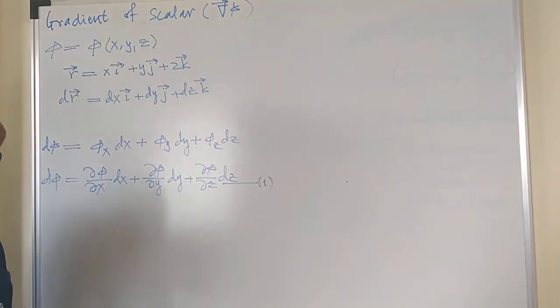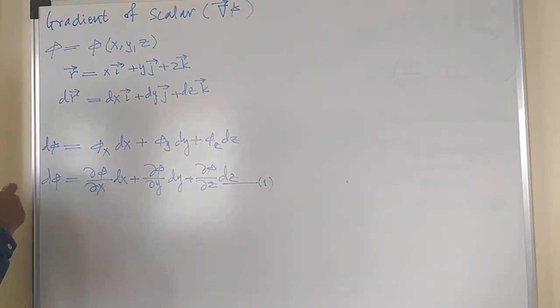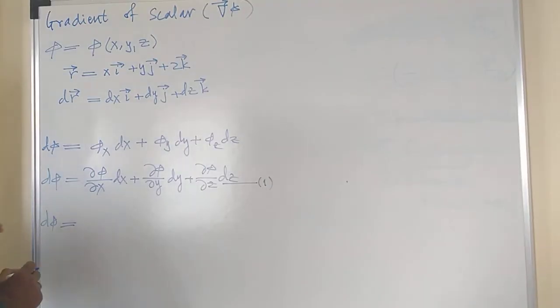So this is total differentiation. Now how I can write this d phi, I can also write in terms of dot product.